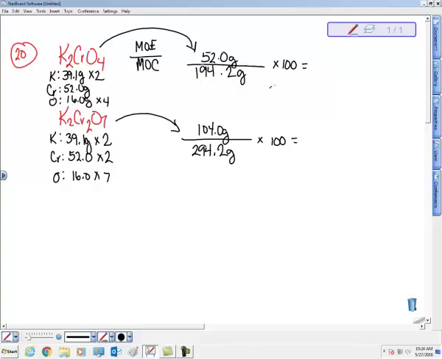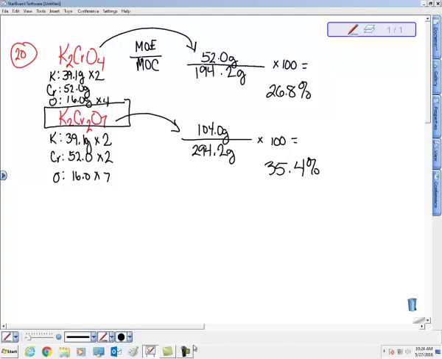Up top, I got 26 point, if you want to round, 8%. And for the bottom, I got 35 point, if you want to round, 4%. So the second compound has a higher percent of chromium in there.